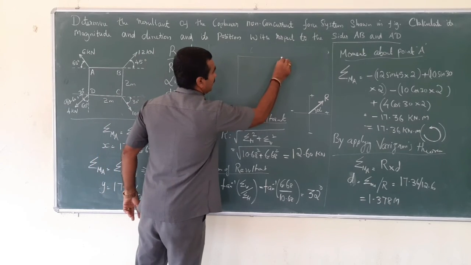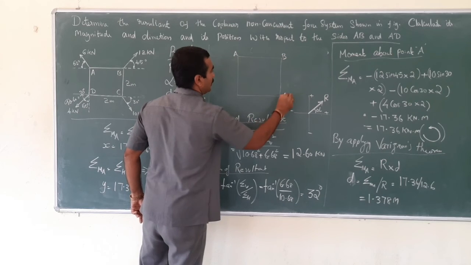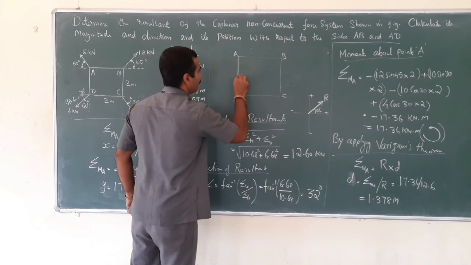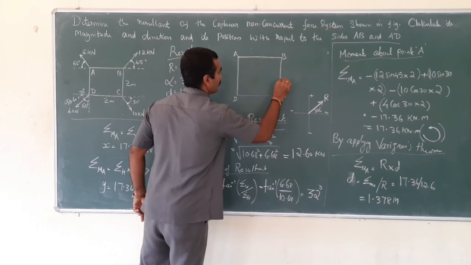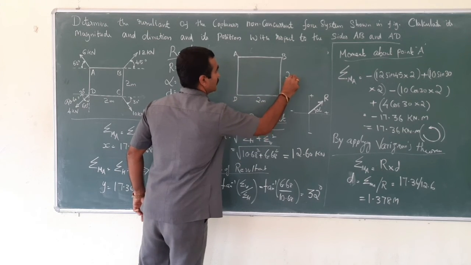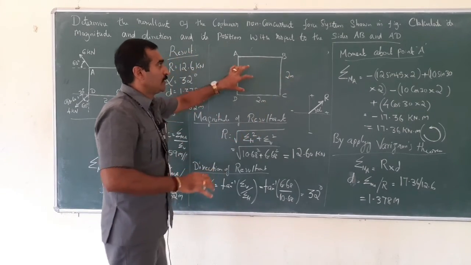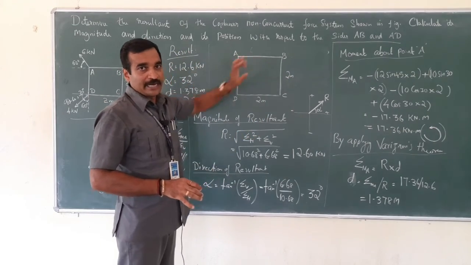So, this is the object. This is A, this is B point, this is C and D. Right. This is of 2 meter and this is of 2 meter. The resultant force needs to be shown in the diagram in a graphical way.